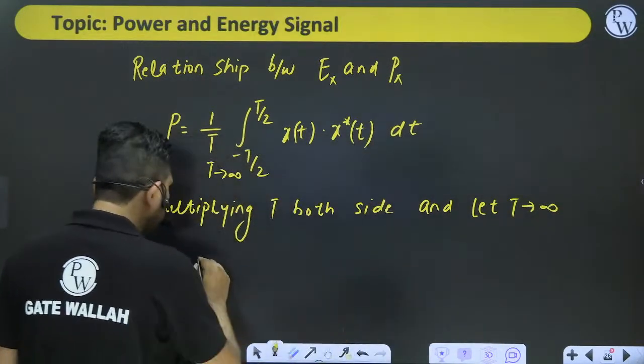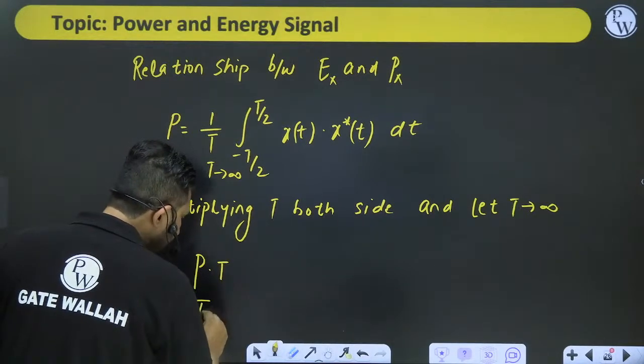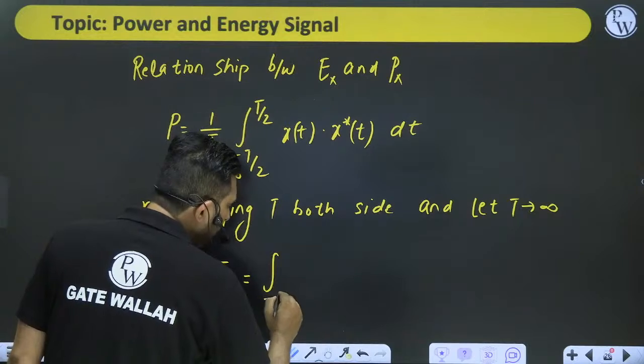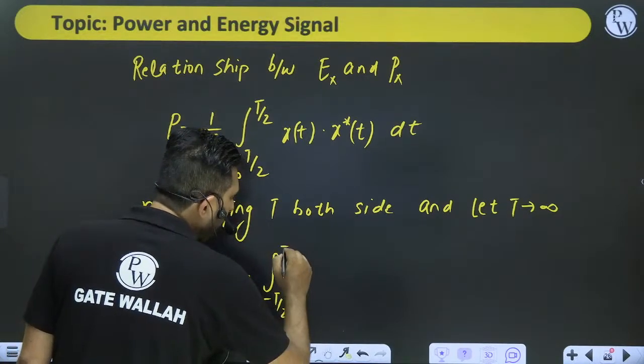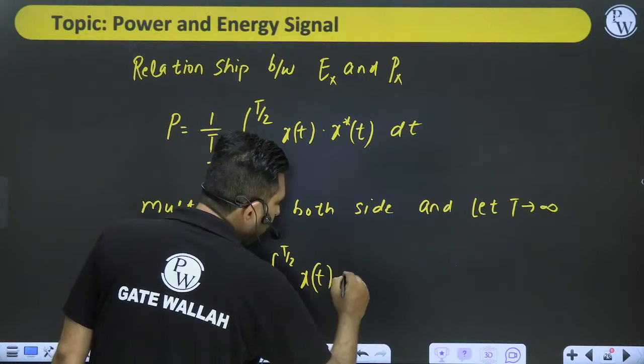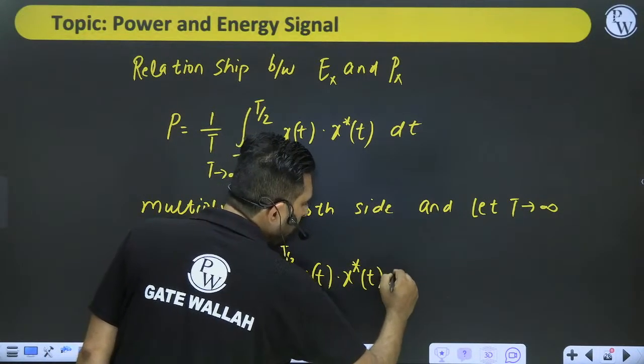See here, P into T with T tending towards infinity is equal to the integral from minus T by 2 to T by 2 of x(t) into x conjugate (t) dt.